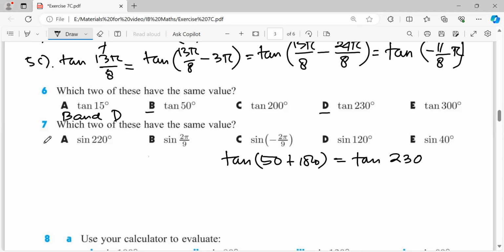Oh yeah. Okay. Sine 2 pi over 9, it's gonna be sine 360 over 9 equals sine 40. It means B and E. So the answer is B and E.